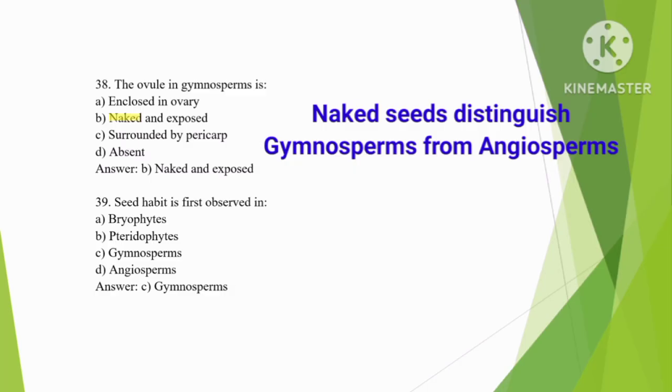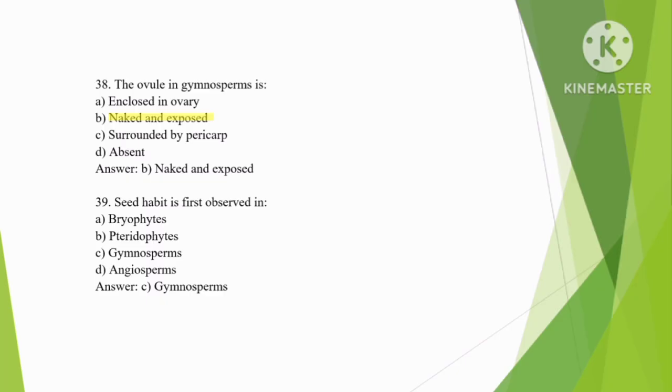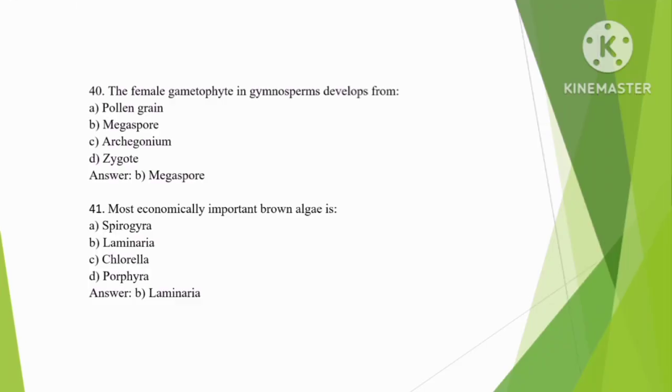Seed habit is first observed in, we already discussed it, gymnosperms. Examples of gymnosperms are Cycas, Pinus, etc. The female gametophyte in gymnosperms develops from option B, megaspore. So the megaspore develops into the female gametophyte within the ovule.